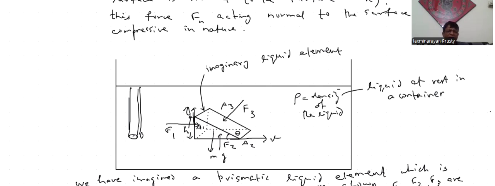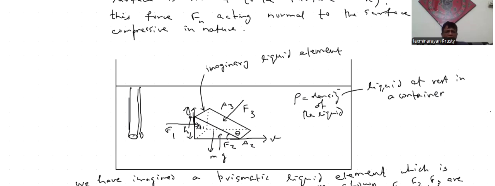Any area you take, the Fn by area ratio will be the same at that point. But if you take the vertical area or any slant area, the normal force calculation will also depend on you. That means you are right to choose any area, but it is your responsibility to calculate the normal force also. So the choice is yours. I'll take a horizontal area because I can take any area. License received, whichever area I take, vertical, horizontal, or slant, the Fn by A ratio will be unique. But my duty is still to find Fn.